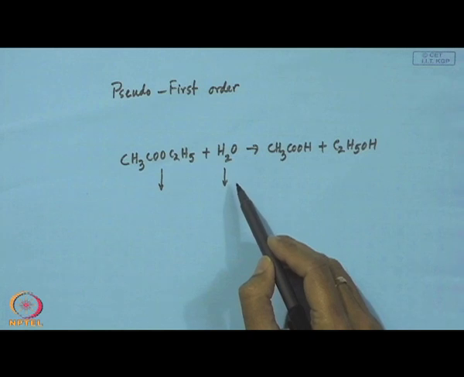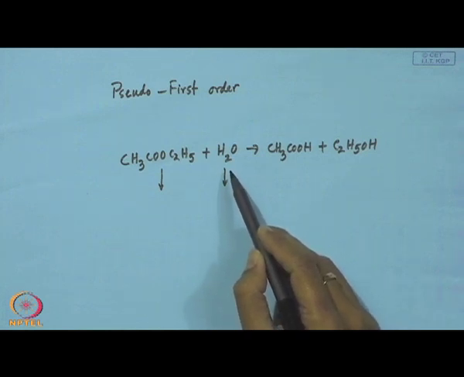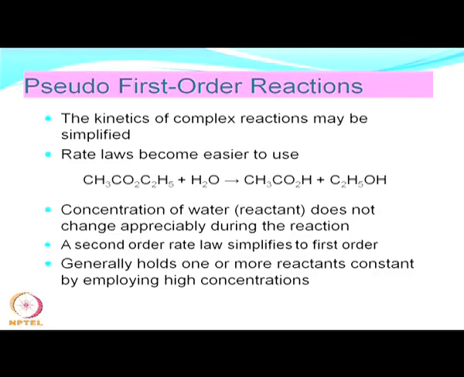That means, since the water concentration, that is one of the reactants, is kept at a high value, it does not change appreciably. So, in that case a second order rate law may be simplified and reduced to first order kinetics.